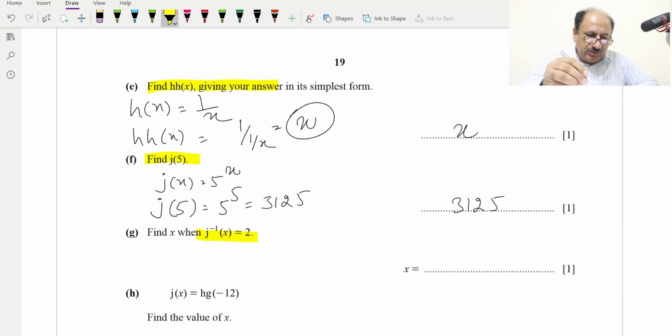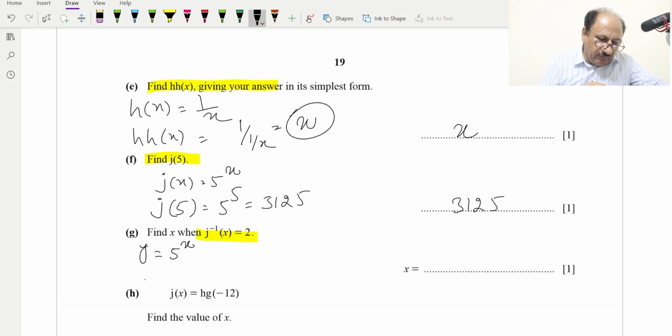Now j inverse of 2 we have to find. To find j inverse of 2, we'll write y is equal to 5 raised to the power x. This is basically our equation, so we have to make x the subject. For that one we will take log on both sides, so log of y is equal to log of 5 raised to the power x, and we can write it as log of y is equal to x log of 5.